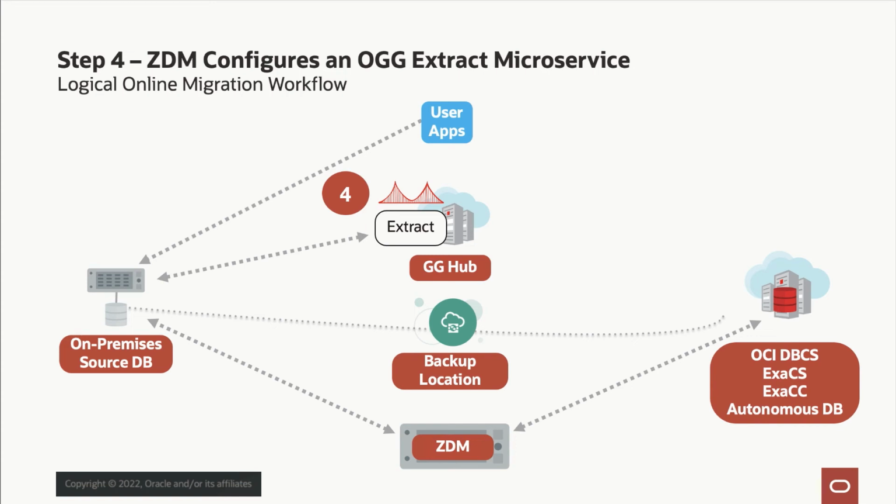This is a crucial step because it will allow ZDM to provide an online migration by leveraging Golden Gate. And the first step, of course, is this first microservice configuration that will act as an extract.